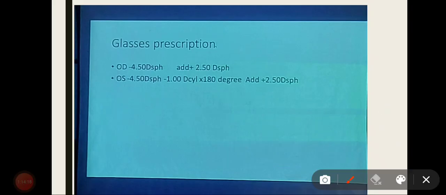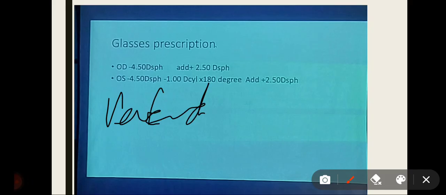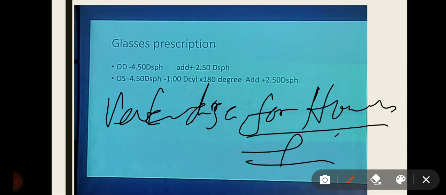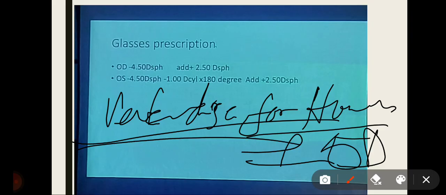So for quick revision, we discussed that you should always check the vertex distance for high powers, plus or minus 5 diopters. Without this, it will kill your job.